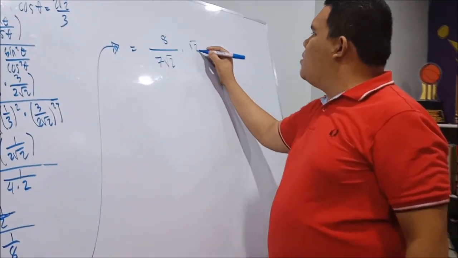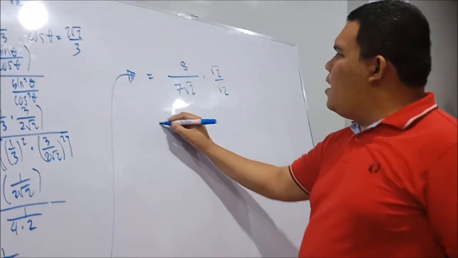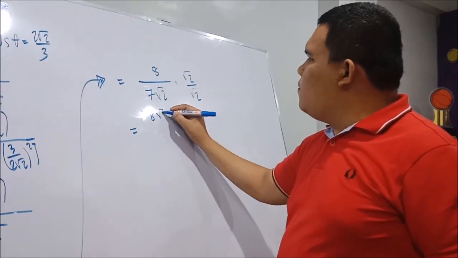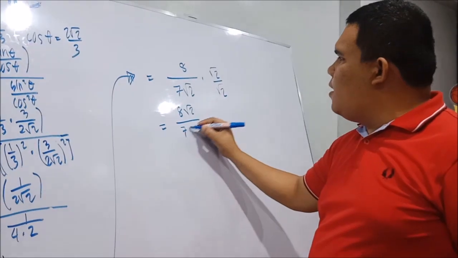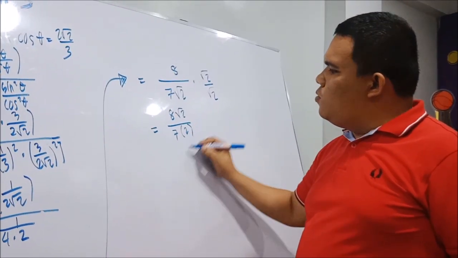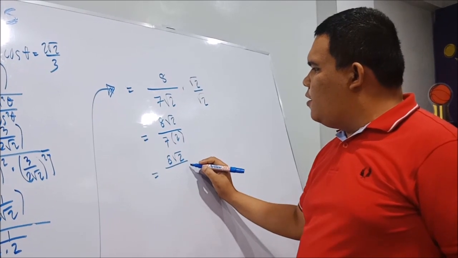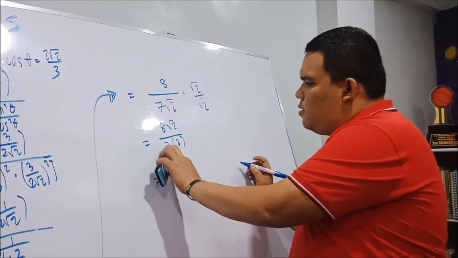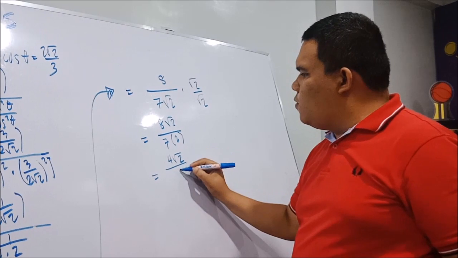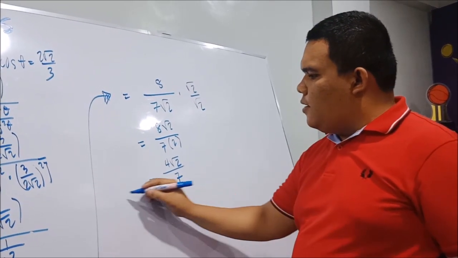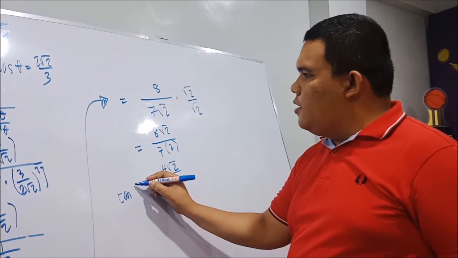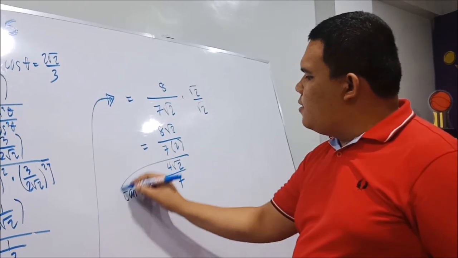Rationalizing this one, we have 8 square root of 2 over 7 times 2, or rather 4 square root of 2 over 7. The value for our tangent 2 theta.